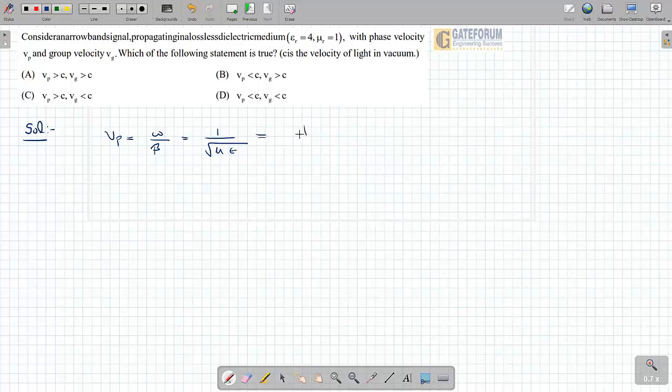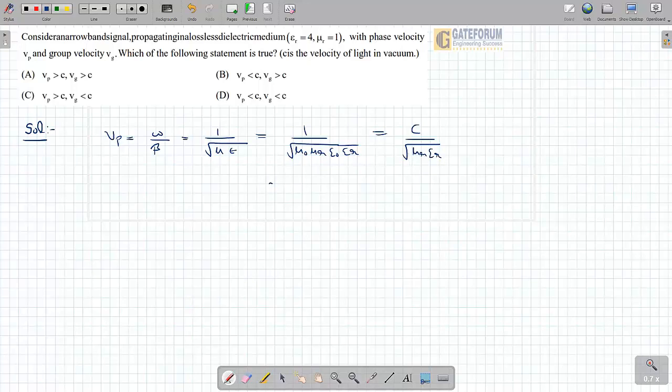Okay, so that is 1 upon root of mu naught epsilon naught mu r epsilon r. 1 upon root of mu naught epsilon naught is c. So that becomes the speed of light divided by root of mu r epsilon r.